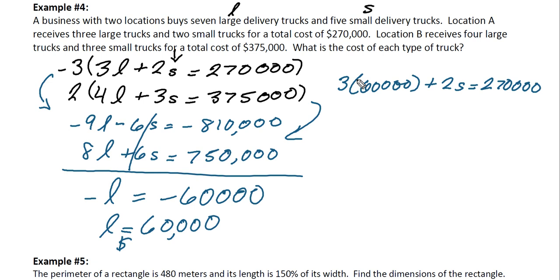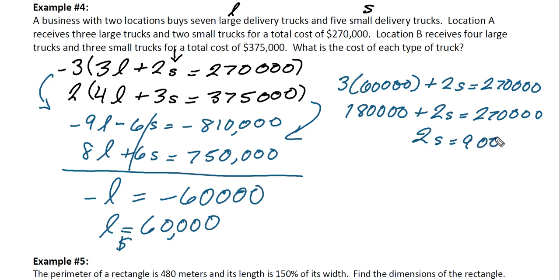Now we're going to multiply here, get 180,000. Subtract 180,000 on both sides, and we get 90,000 divided by 2, and we get 45,000. So a small truck is $45,000, large truck, $60,000.